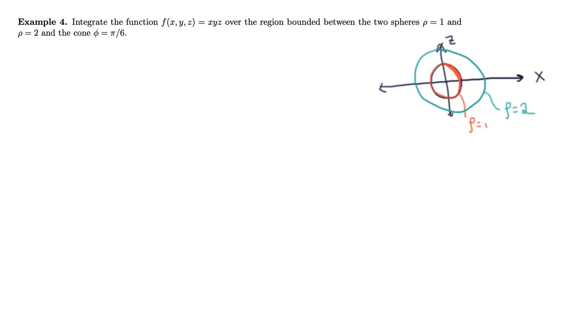And then phi is going to cut at an angle of pi over 6, like that. Here's my cone. And now you should think that all of this is going to be rotated through an angle of 2 pi about the z-axis and form the actual region. But you see that the bounded region is up here.